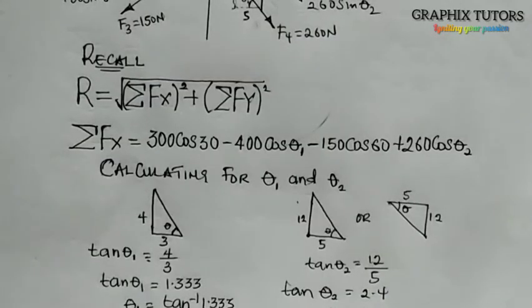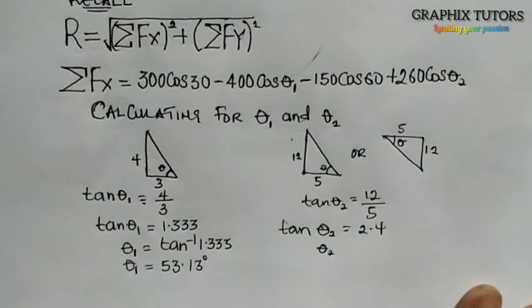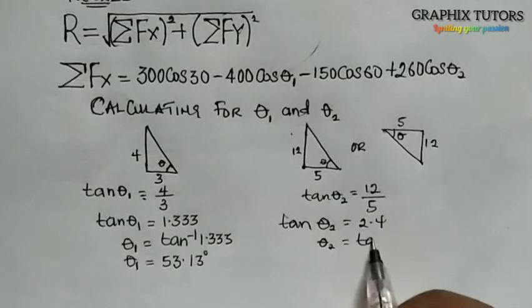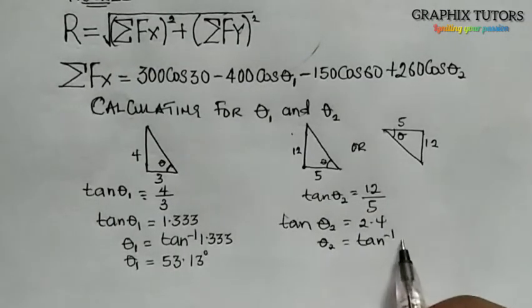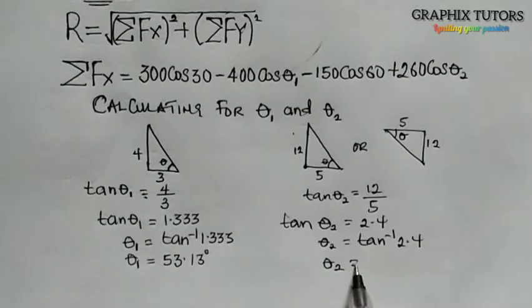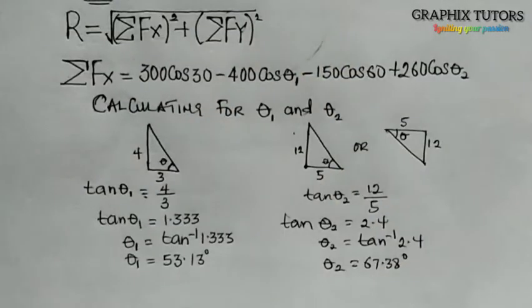Then theta 2 is going to give me tan inverse 2.4. So theta 2 here will give us 67.38 degrees. So we successfully got this value, and we're going to put them into this equation here.